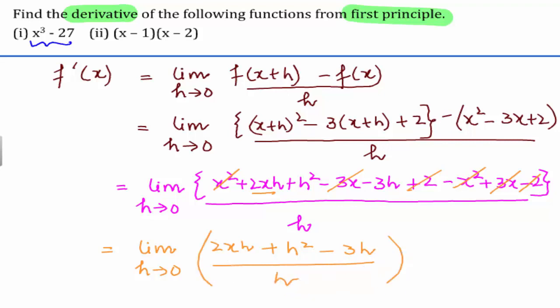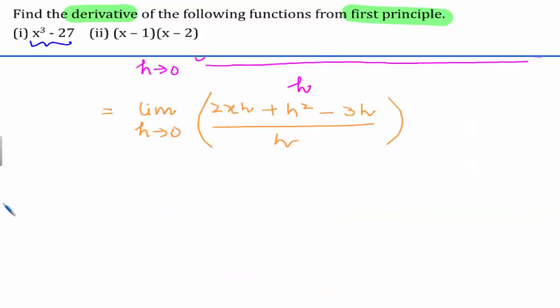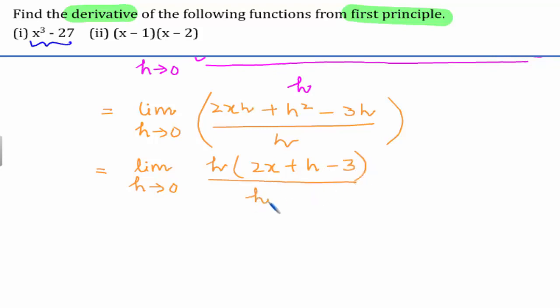Now let us take h common from the numerator. We have limit as h tends to 0, h into (2x plus h minus 3) whole divided by h, cancelling h from the numerator and denominator. And now as h tends to 0, therefore replacing h by 0, we have 2x plus 0 minus 3.